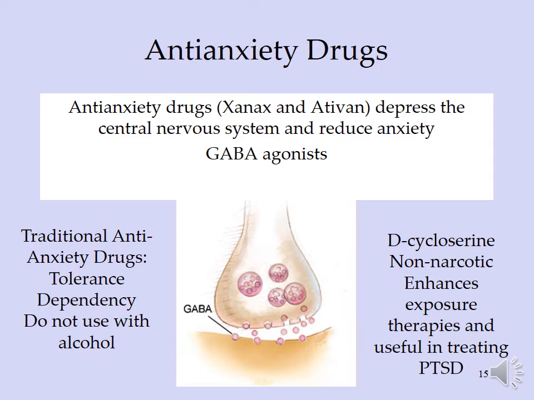People develop a tolerance to the medication, so over time they require higher dosages, and also will develop a dependency on those drugs if they take them regularly for any length of time, so that in fact, if they discontinue the drug abruptly, they often will have a rebound of their symptoms, actually worse anxiety than they had before.